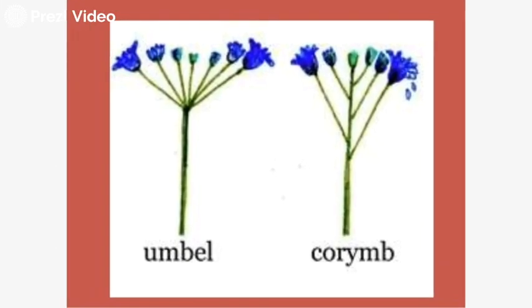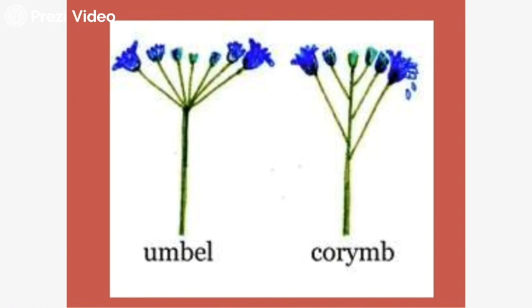But the difference between the corymb and the umbel type of inflorescence is that in the umbel, all the flowers are born from a common point on the peduncle. So the peduncle is ultimately condensed to a single point. In the corymb, however, the peduncle, although condensed, is not very short, it is still slightly extended.